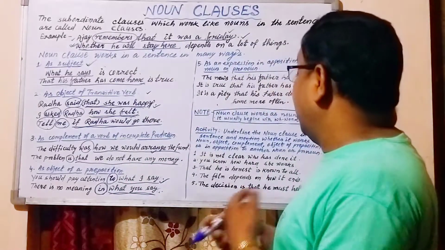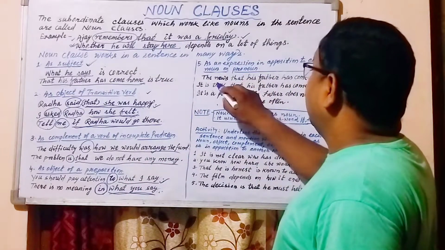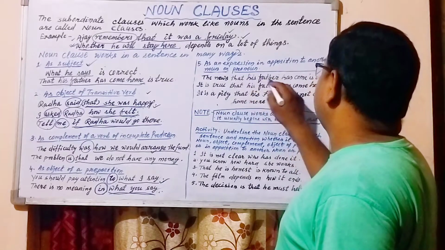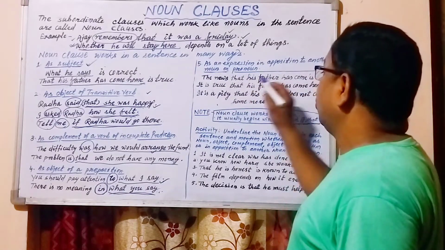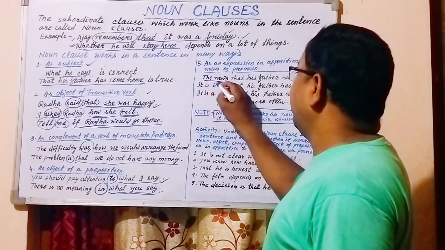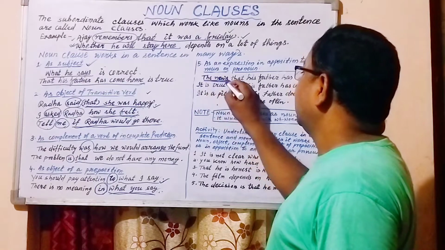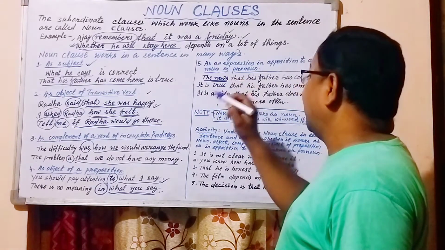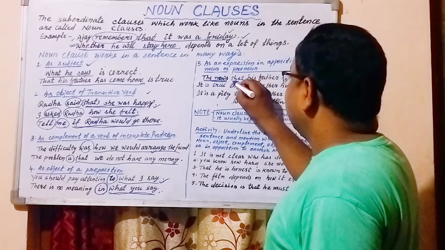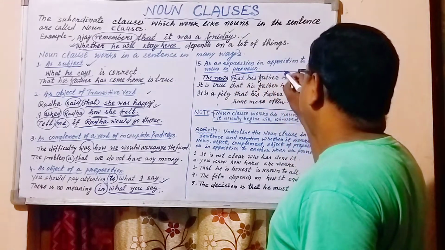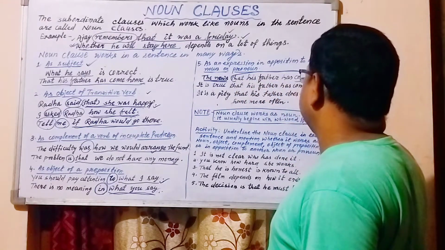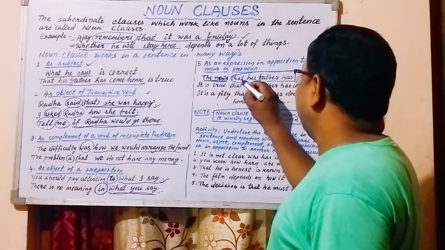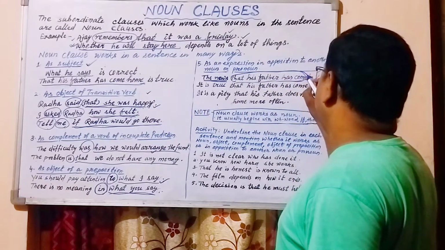How? Let's observe the example. The news that his father has come is true. Here you see the news is the noun and it acts here as subject, and it can be replaced by this part. Which one? This part: that his father has come.